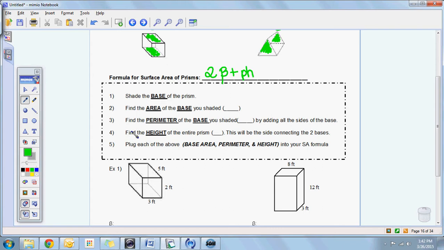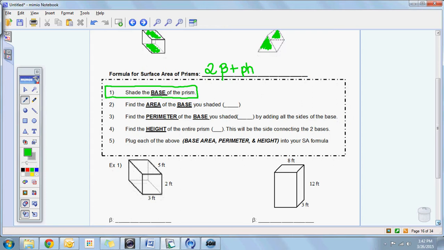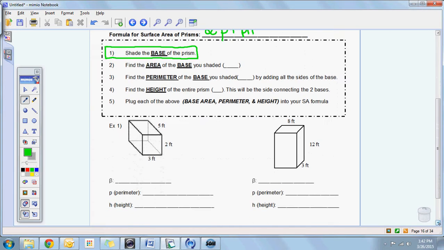This is probably the most important thing you can do when you're calculating surface area. Some of you will be like, I don't need to do that, that's silly. But this is really going to help you keep everything straight when you're calculating surface area. So the first thing you need to do is shade the base. When you've got all rectangles, like this rectangular prism, it doesn't matter what you shade.